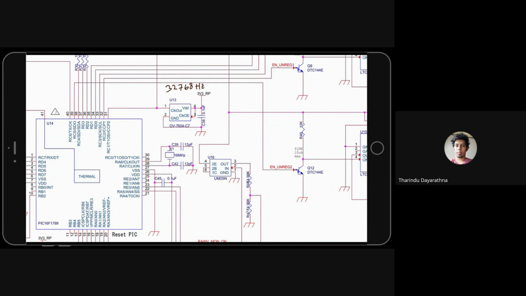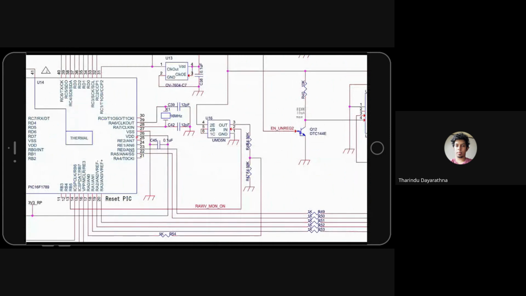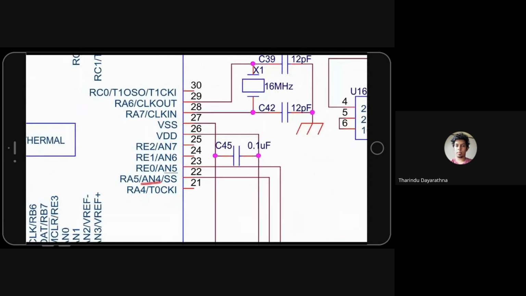Please don't change the crystal if you want to use this one. And then we have the VDD, VSS, and the next important thing. These are just current sensing. Those go to the AN pins, which means it can measure current. So these are analog ports.